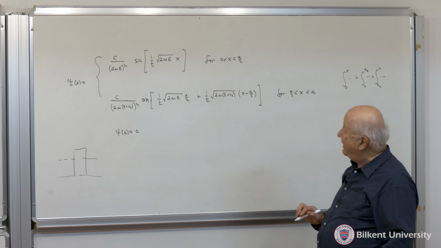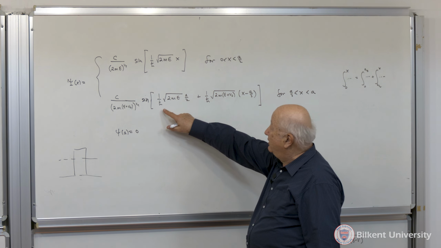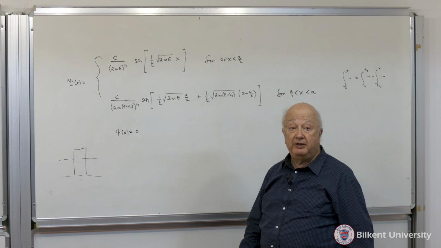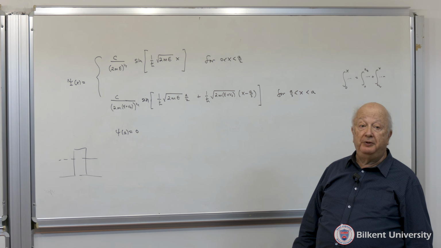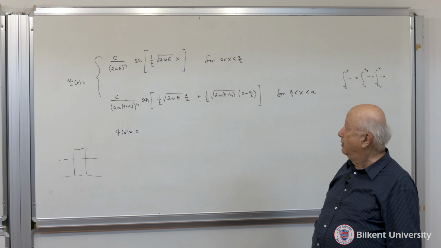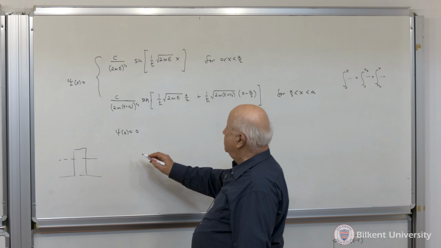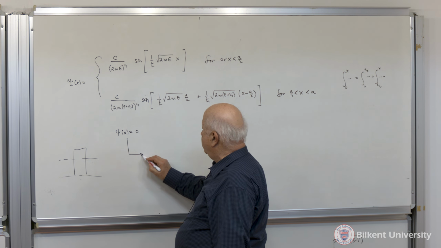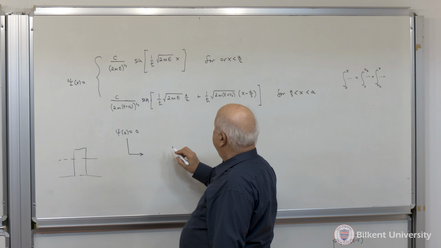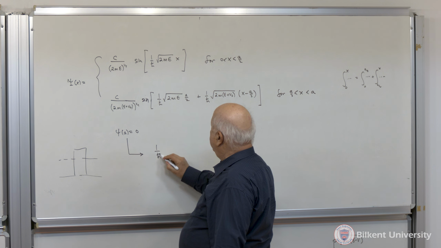Since we want psi of a to be equal to 0, we want this thing, when x is equal to a, to be equal to n pi. So this psi of a equals 0 implies that I have 1 over h bar.